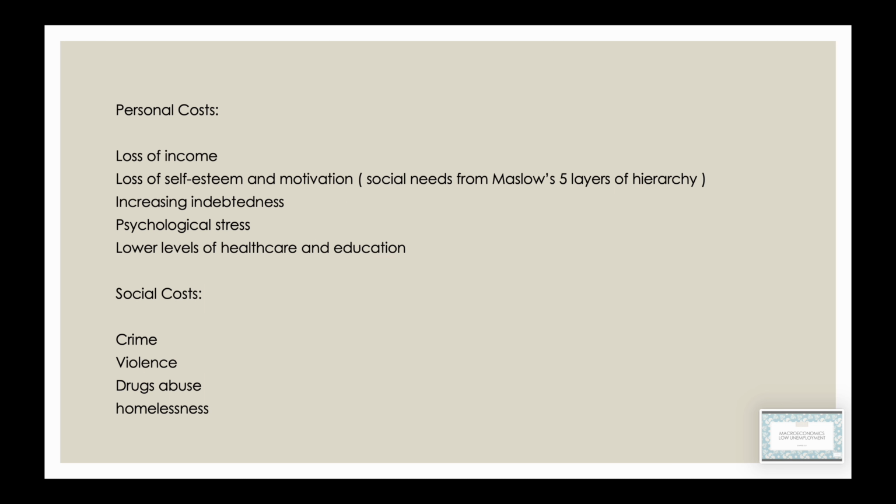So we have personal costs of being unemployed. This will be given to Kingston. And then we have social costs of being unemployed. These will be given to Musia.